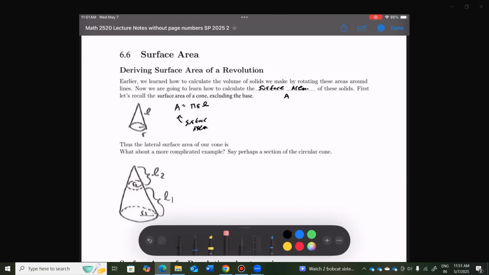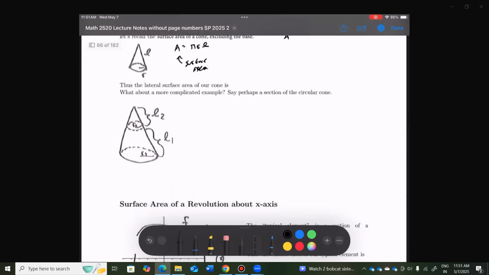Anyway, let's now look at one a little bit more complicated. You have a cone with 2 different radii as it shrinks, and so you have 2 different L's there, L1 and L2. So kind of a cone on top of a cone.